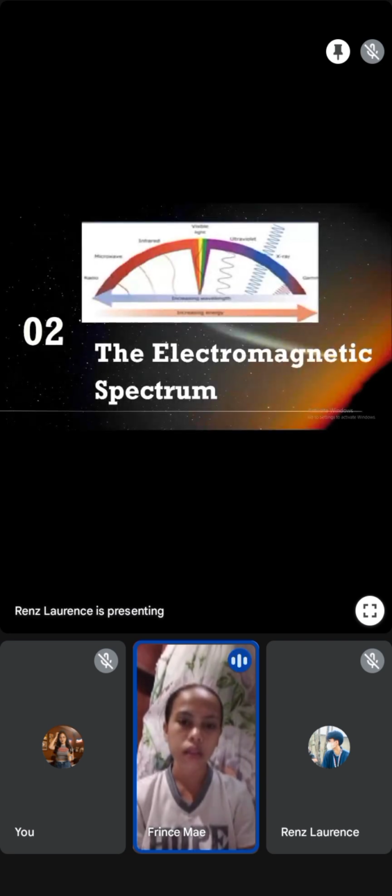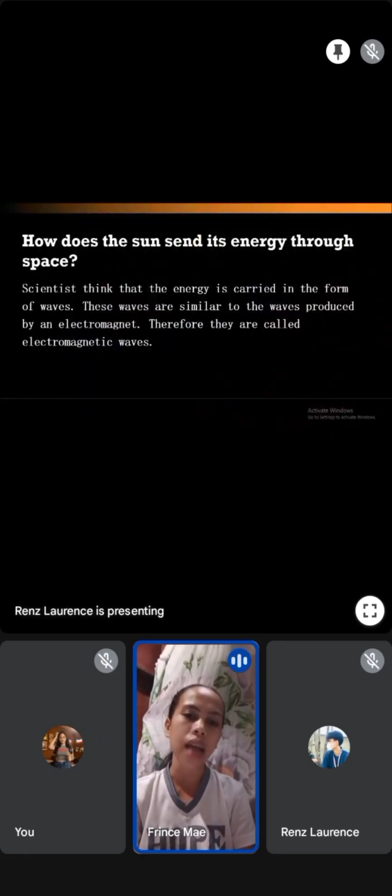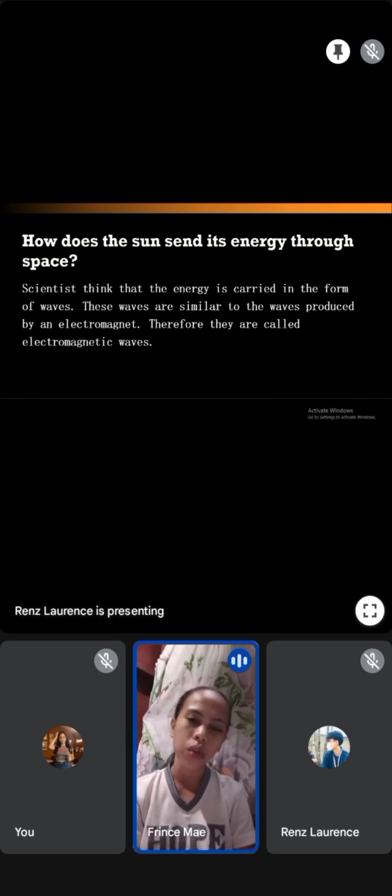So second is the electromagnetic spectrum. How does the sun send its energy through space? Scientists think that energy is carried in the form of waves. These waves are similar to the waves produced by an electromagnet, and therefore they are called electromagnetic waves.